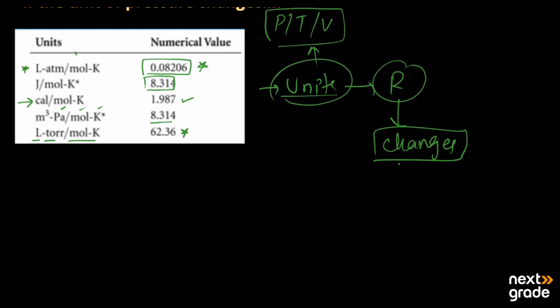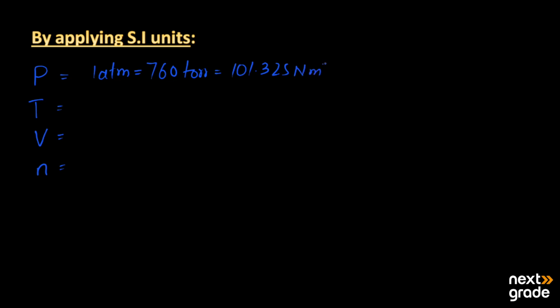Next we will calculate it by applying SI units, the system international units, for pressure, temperature, volume and number of moles. What is the value for this? The pressure we take in atmospheres, 1 atm, is almost equal to 760 torr, and 760 torr is equal to 101.325 Newton per meter square, which is the SI unit.